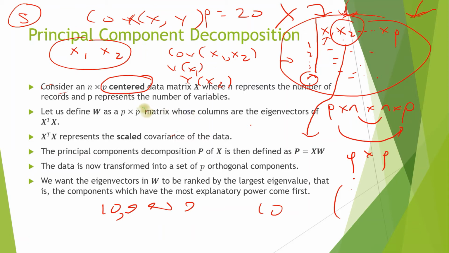So I repeat, I've been talking a lot about different things here. The first thing, you will have a data matrix n by p, which is supposed to be a centered data matrix. Normally, you won't have a centered data matrix. You will basically have to do some manipulation with the data. Depending on the package, some packages you don't need to do any manipulation. They center the data automatically.